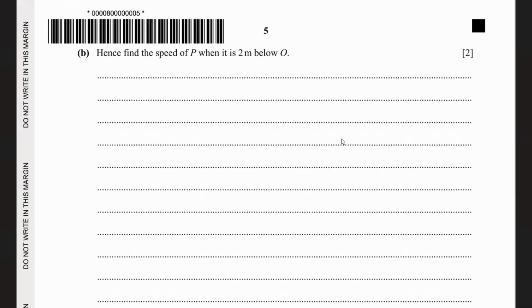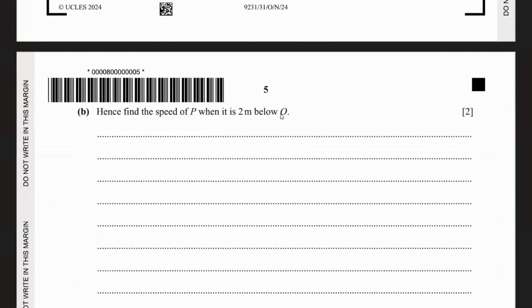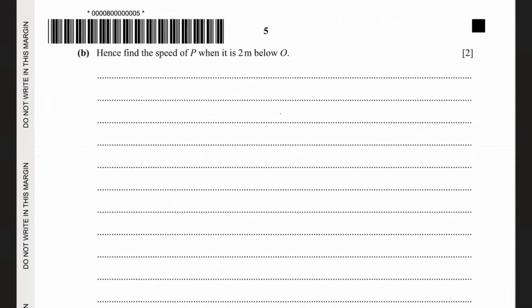Part B says, hence, find the speed of P when it is 2 meters below O. The speed of P when it is 2 meters below O. All right, so let's use the conservation of energy.